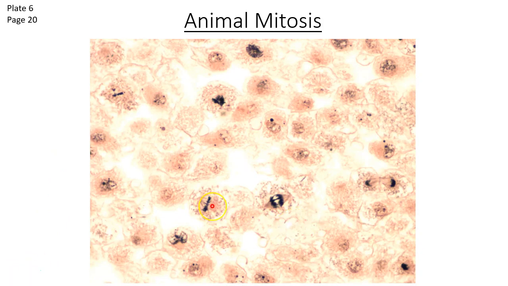So metaphase, the chromosomes meet in the middle. This, I believe this is anaphase, right? Because you can't tell that there's two different cells, so it's still in the same cell. So anaphase. And see how we see two different cells here? Well, this would be telophase cytokinesis.